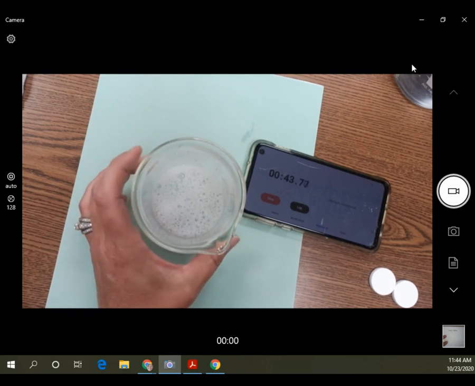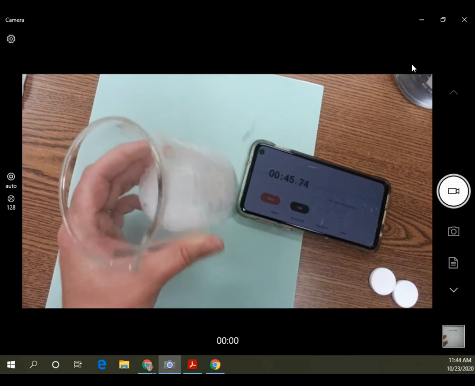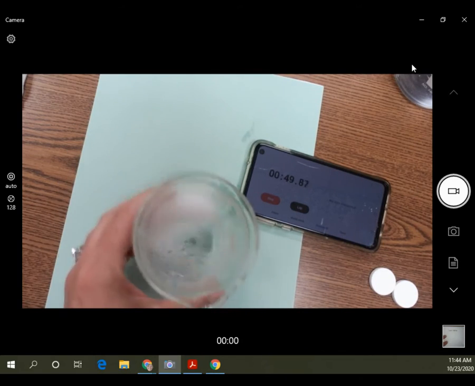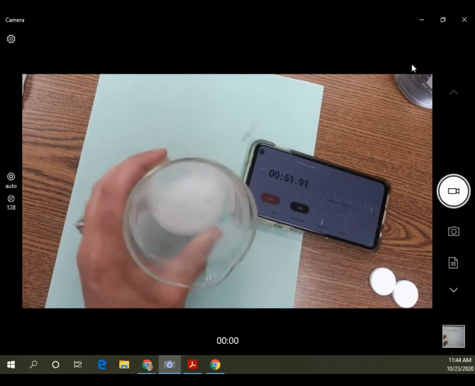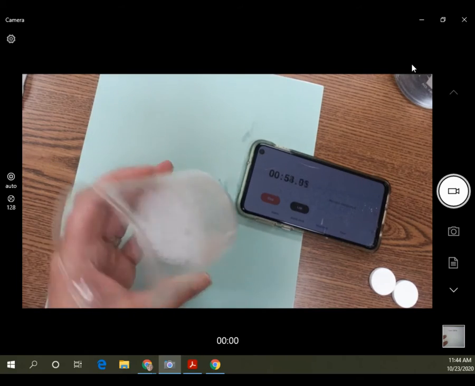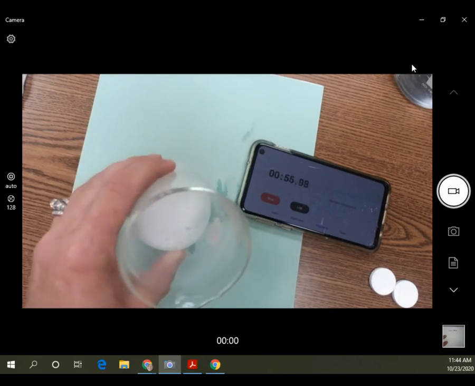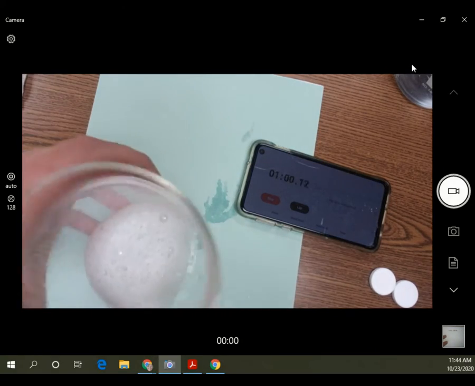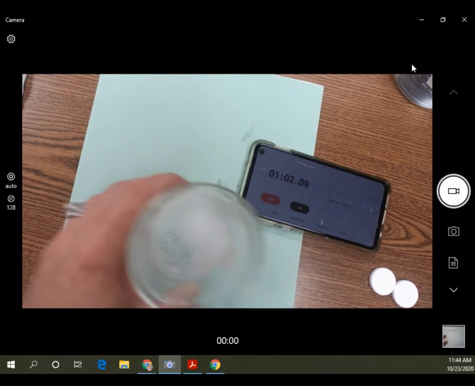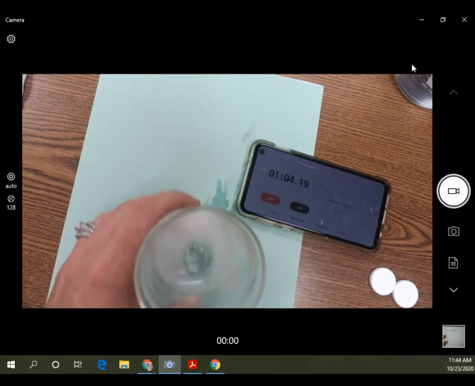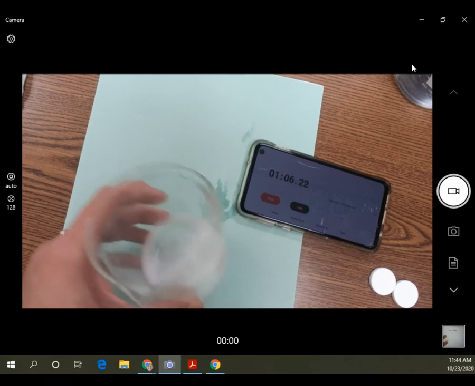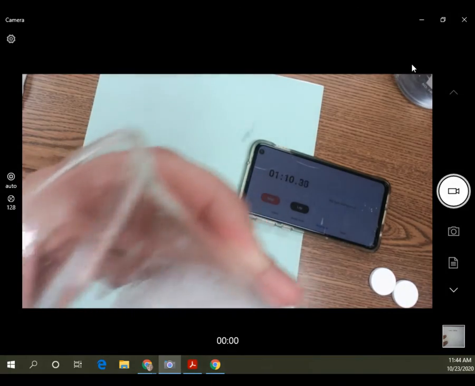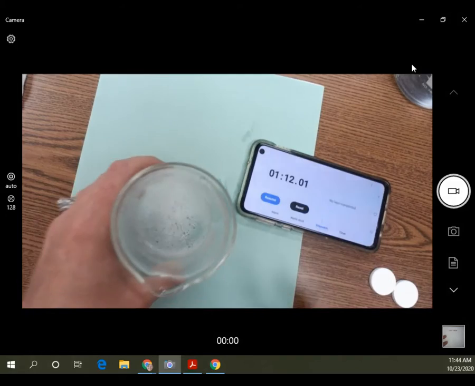Bubbles on this one are making it a little hard to see. Must have a couple pieces there. So we got more bubbles in that one. I can't turn it upside down because they're opened up, but you can see there's still some pieces in there. And I think that's enough.